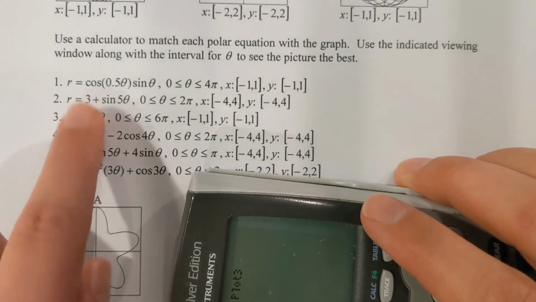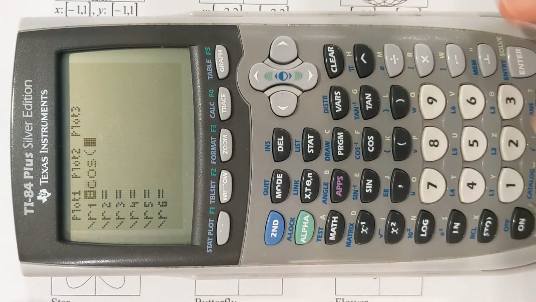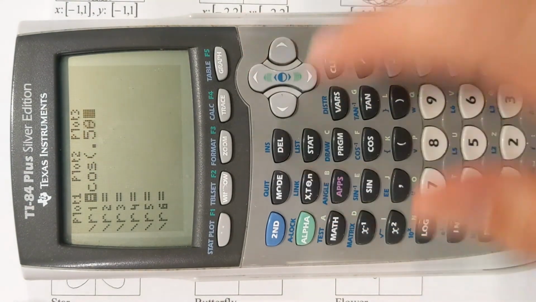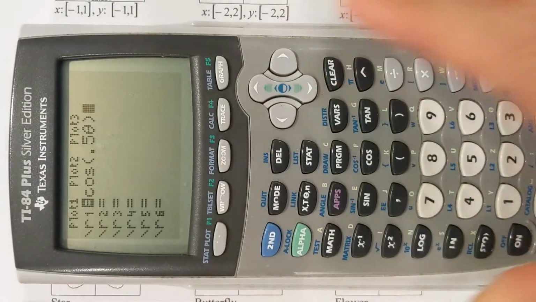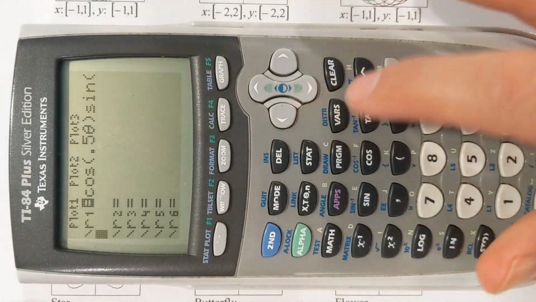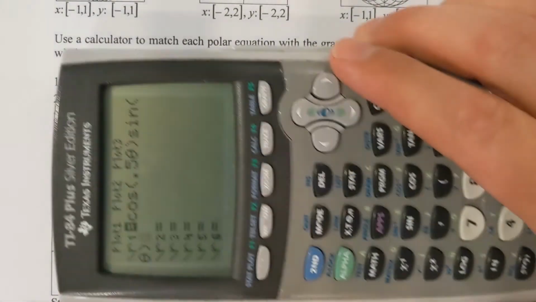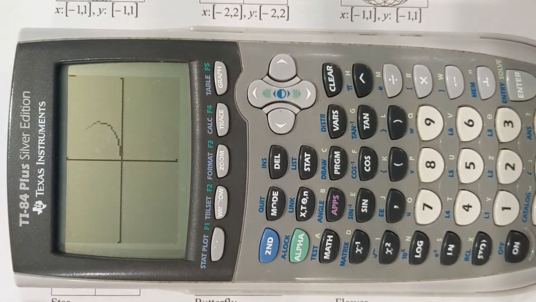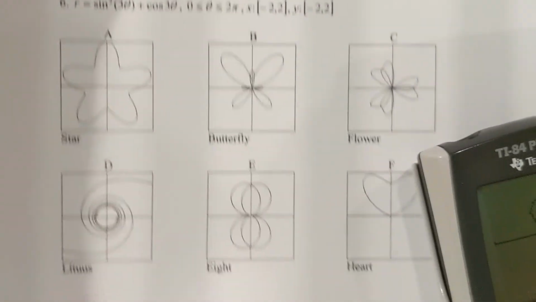We've got r equals cosine of 0.5 theta, and then times sine of theta. Okay, that's it. So hit graph. And it looks like a figure 8 there. So E would be that one.